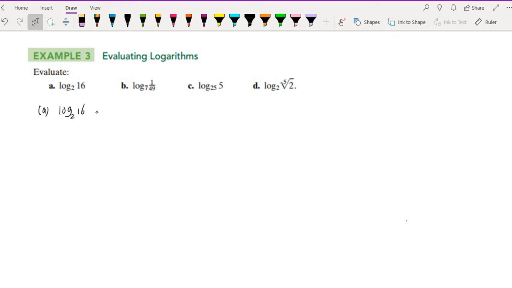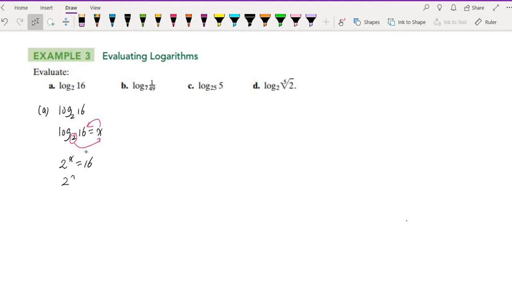If you look at this, we can set this up as what we have learned so far. We have log base 2 of 16, and we're going to set this equal to x. We're doing the same thing: the snail, and I'm going to write it down as 2 raised to the power x gives me 16.